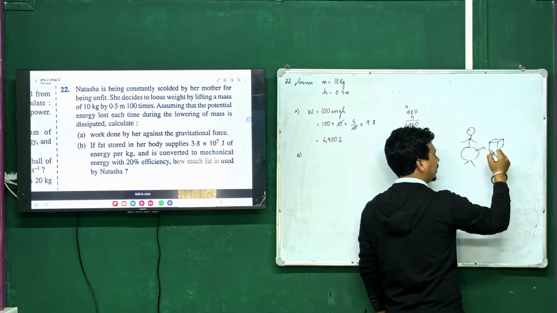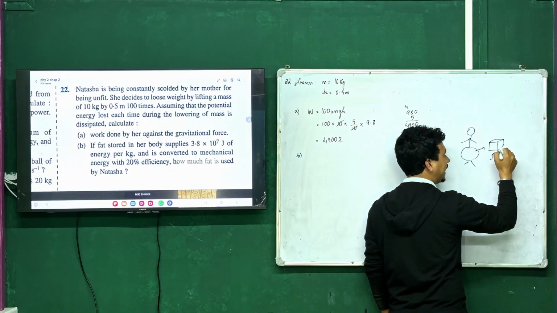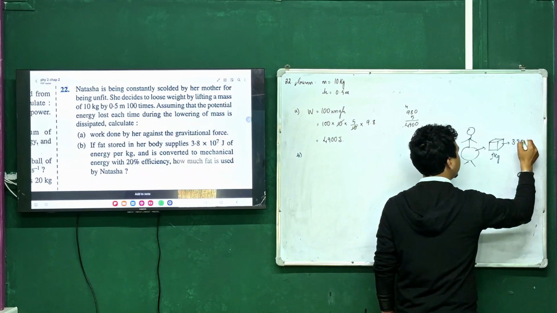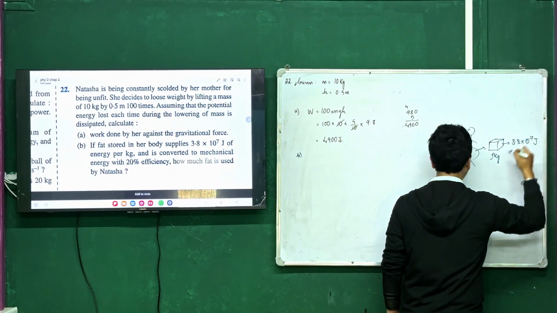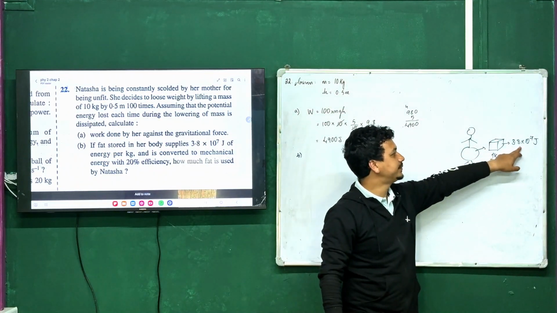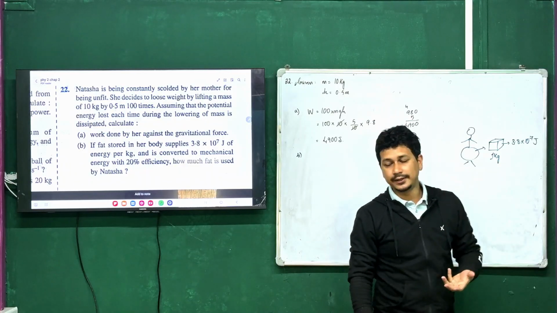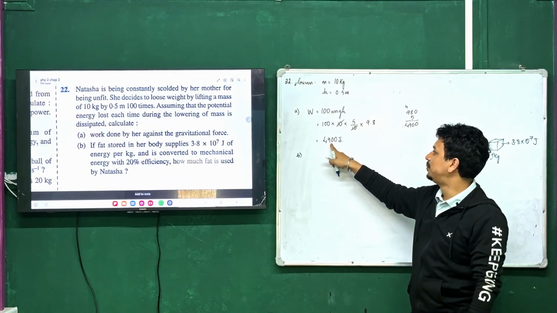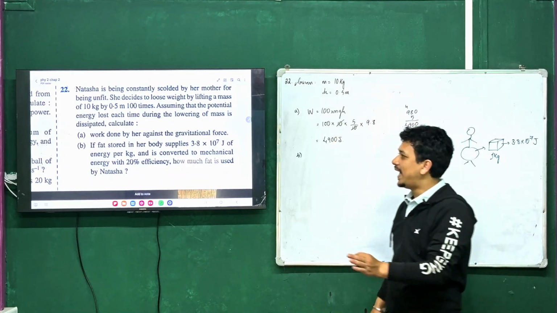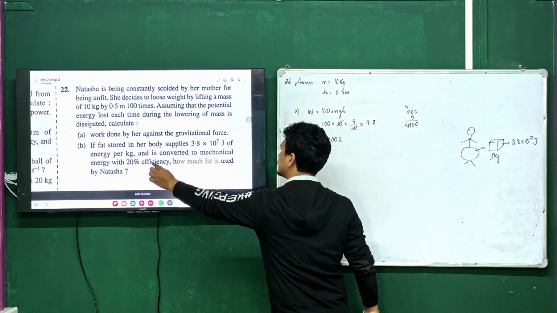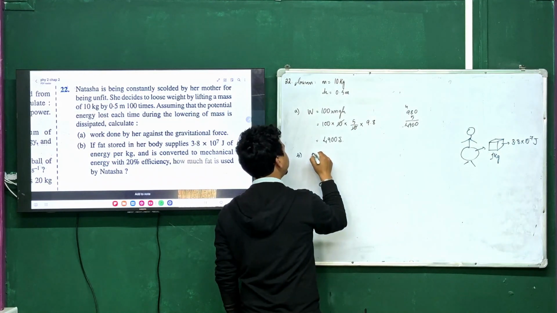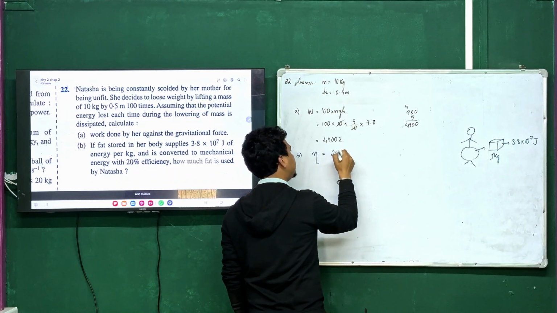Now, according to the book, 1 kg of fats supplies 3.8 into 10 to the power 7 joules of energy. 1 kg can supply this much energy. The question is asking how much fat did she burn in producing this much of energy, given that the efficiency is 20%.